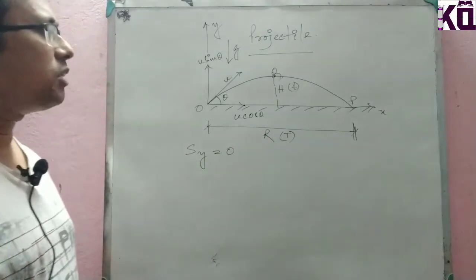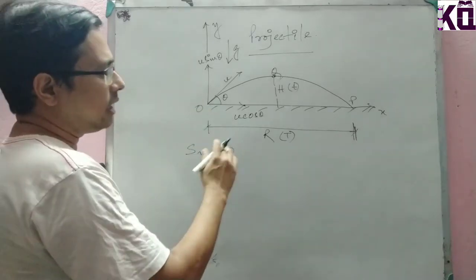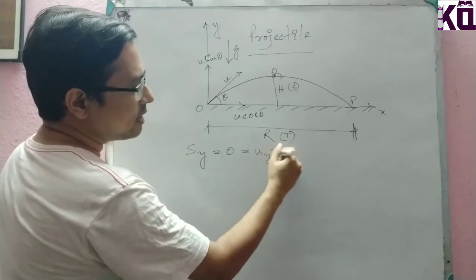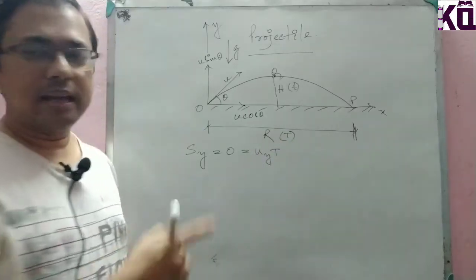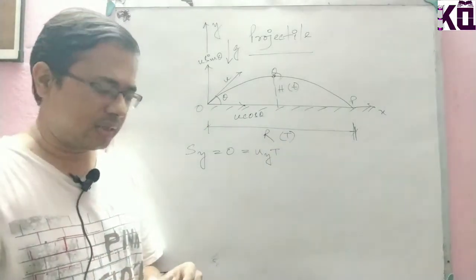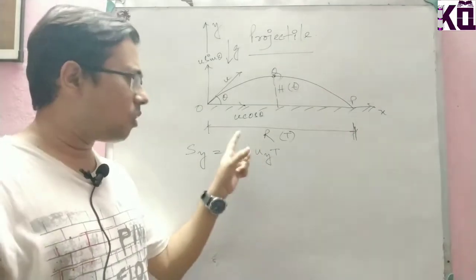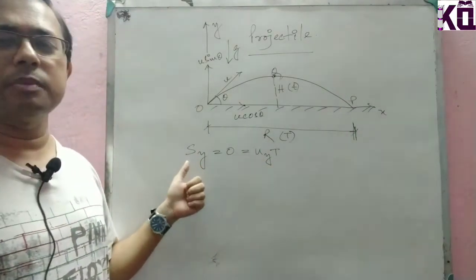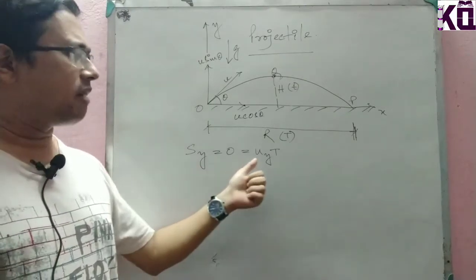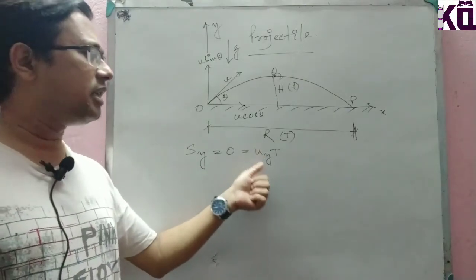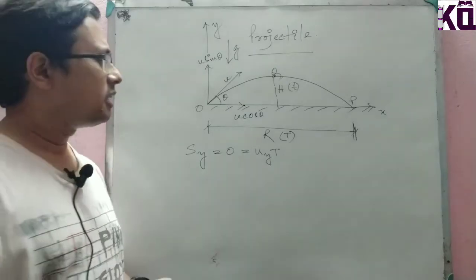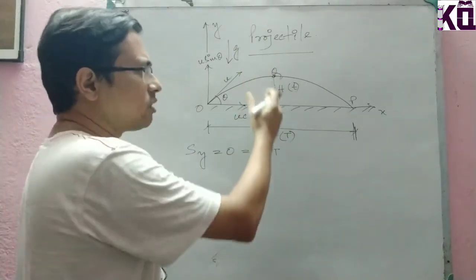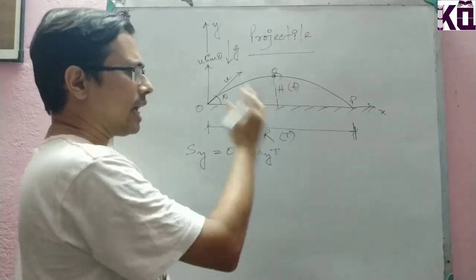Now if I proceed, S is equal to Uy T. Why am I writing Uy? Because if I am considering the displacement in y direction, then I have to consider the initial velocity in y direction, and also the acceleration or retardation in the y direction.